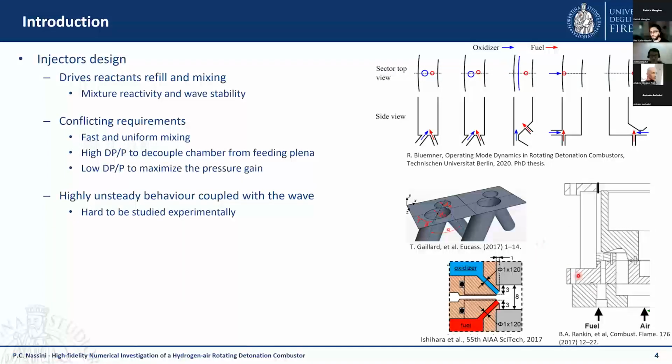But of course, I think this is one of the most used at this moment. This scheme here is also allowing reduced losses, because the oxidizer, which is the most important, is injected axially, and the axial injection is allowing reduction of total pressure losses across the combustor.